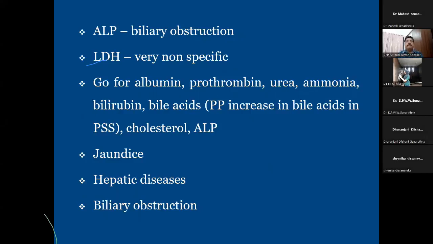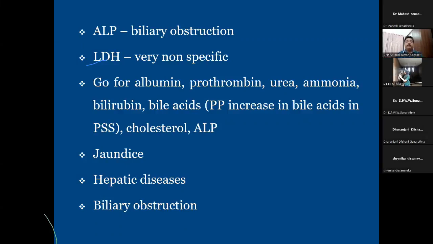Alkaline phosphatase can be considered if there is a bile duct obstruction, if there is bile duct canalicular obstruction, if there is cholangiohepatopathy, cholangiohepatitis, then if there are fractures, osteosarcoma, any chronic bone diseases where there is more osteoblastic and osteoclastic activity, alkaline phosphatase increases. Or if there is a bile duct obstruction, then LDH as such is not very specific.